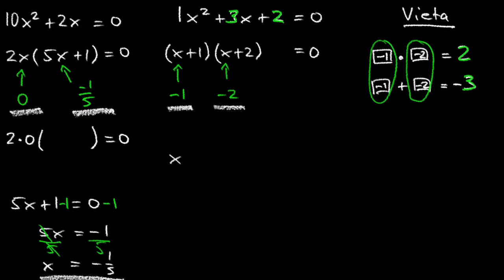Let's look at x squared plus 12x plus 35 equals 0. Again, ask yourself, which two numbers multiplied together equal 35?